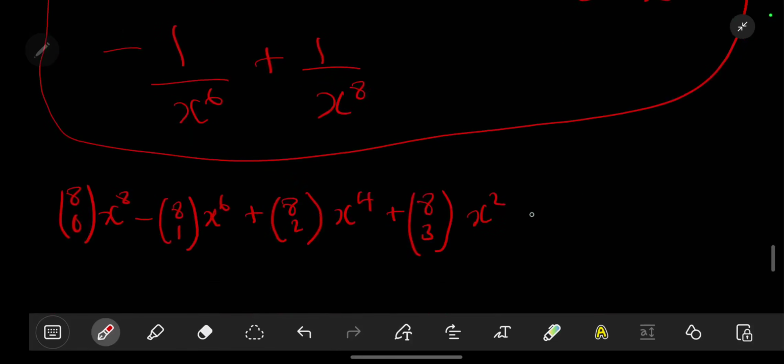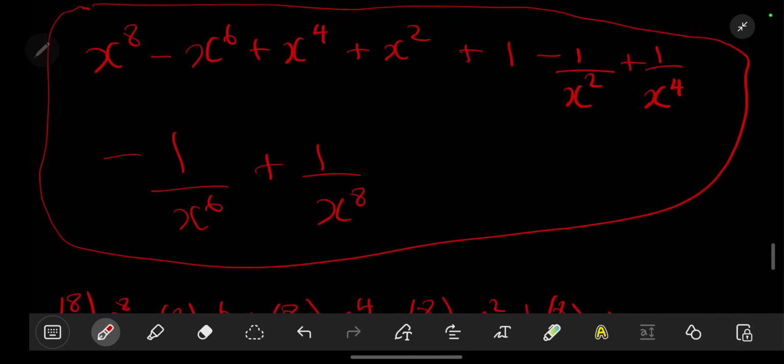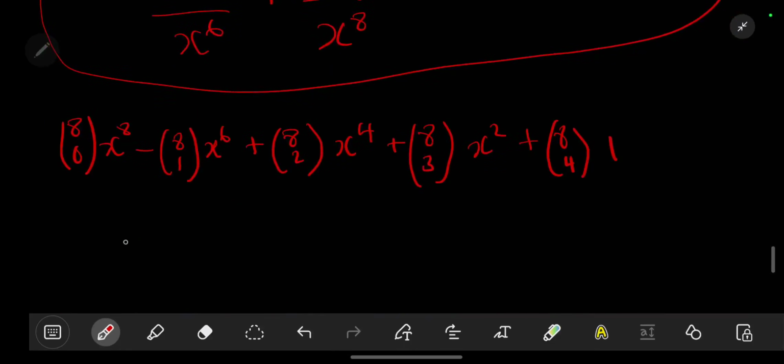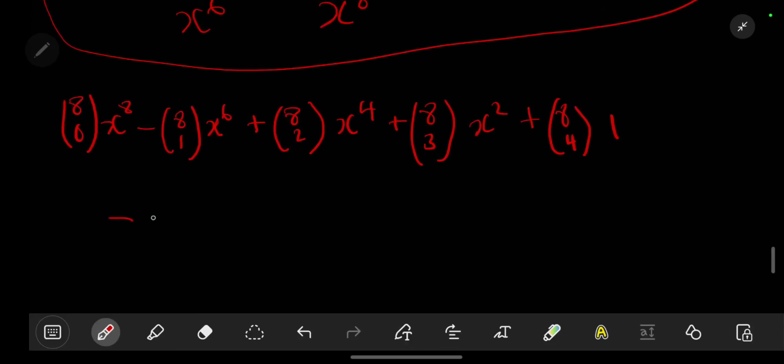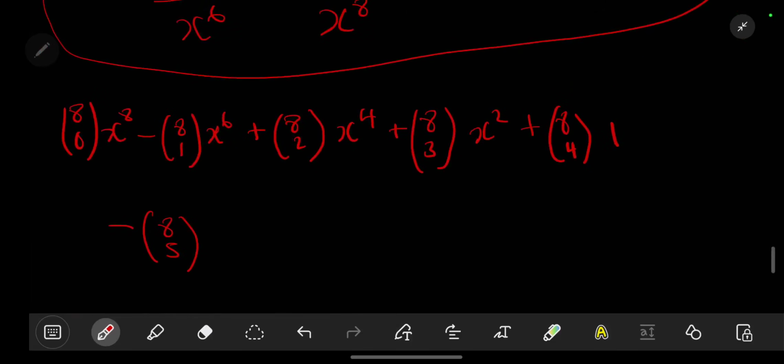Then plus our 8 combination 4, times 1. Then the next one is a minus 1 over x squared, so minus our 8 combination 5 times 1 over x squared.